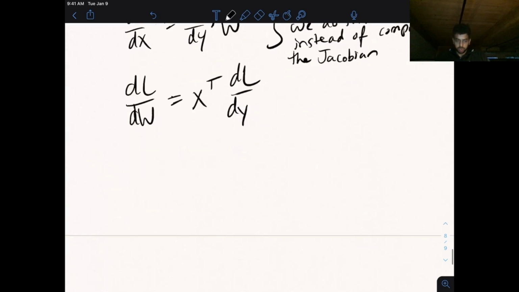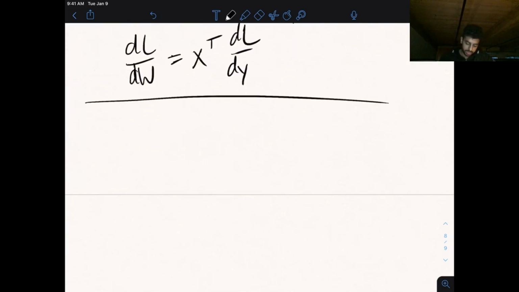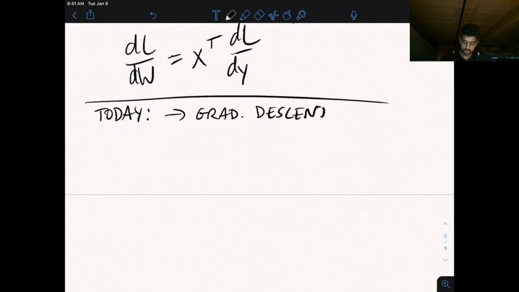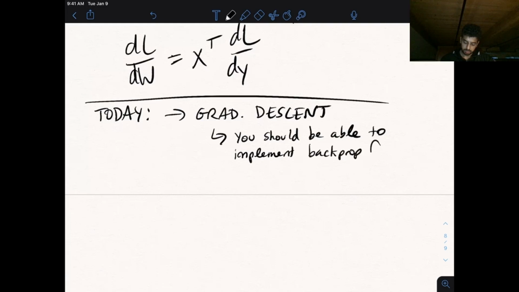Okay, so what have we covered today? We've covered gradient descent, right? This is important. You should definitely know how this works. You should be able to implement backprop for a single neuron network.